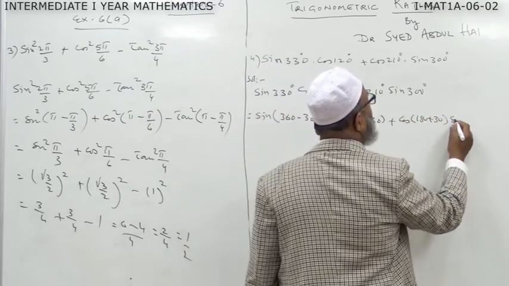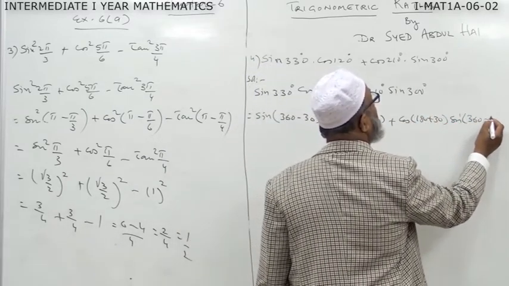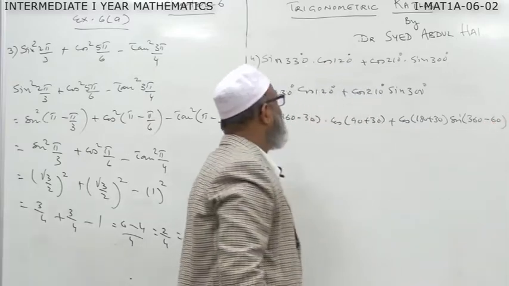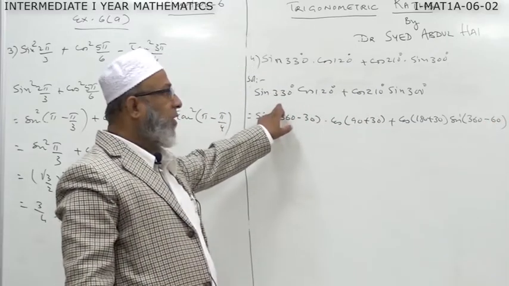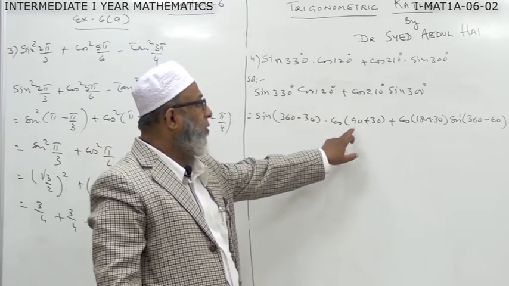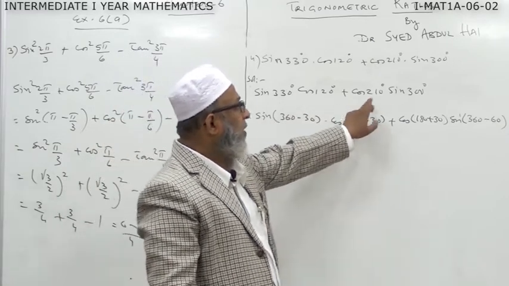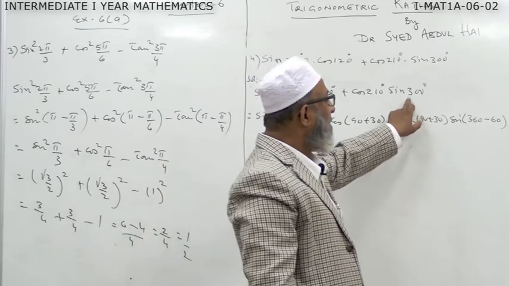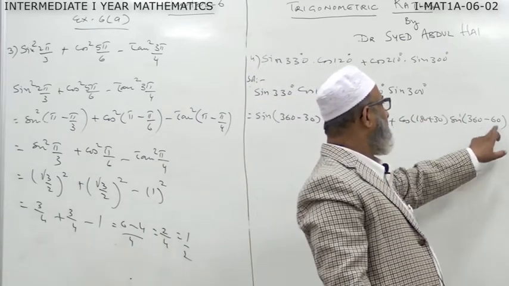Sin 300 is equal to 360 minus 60. Is it clear?